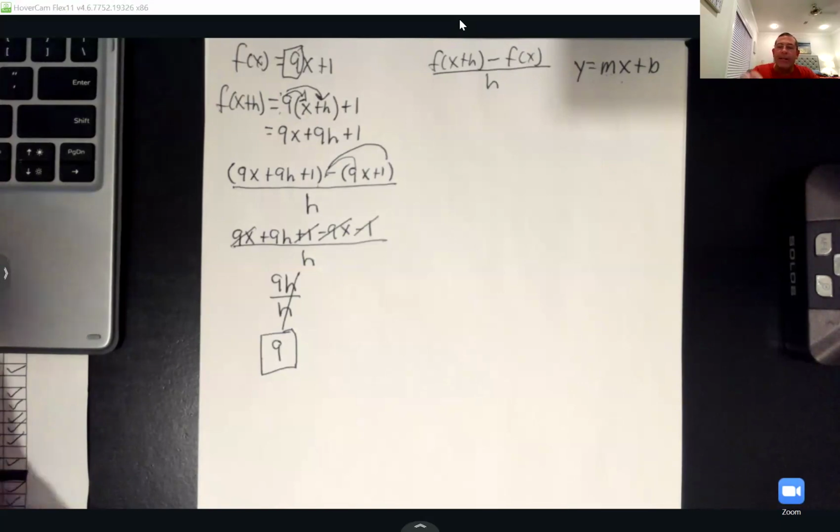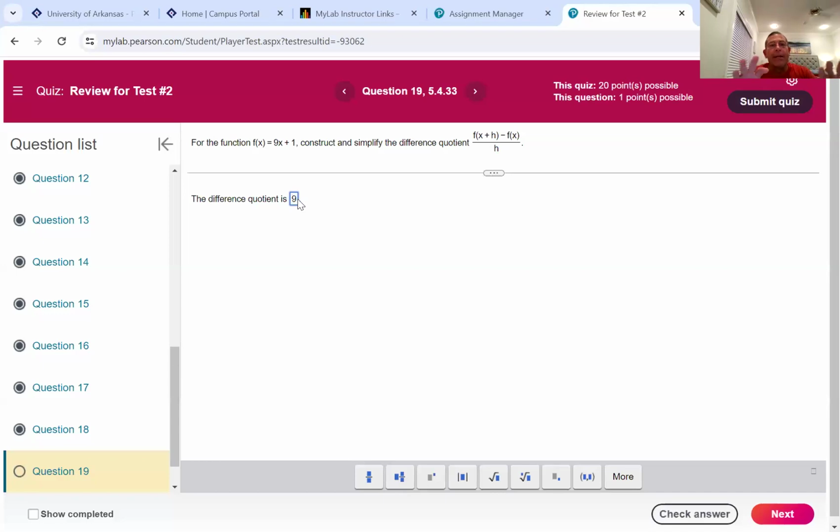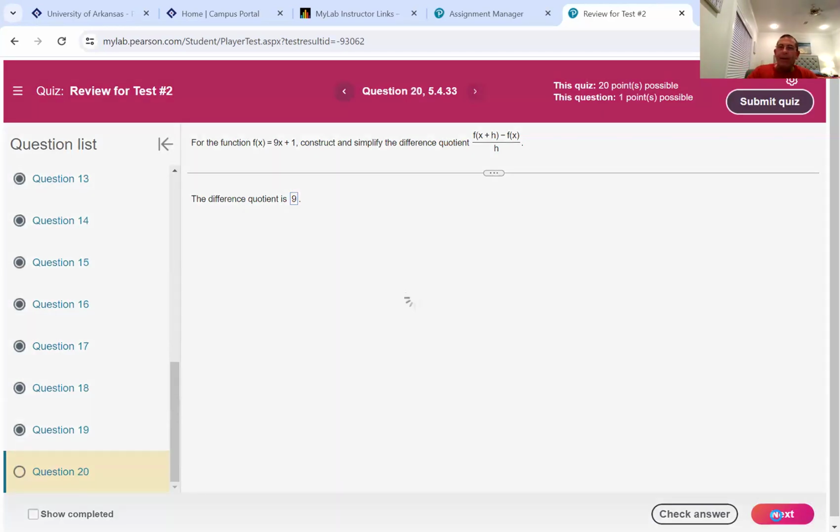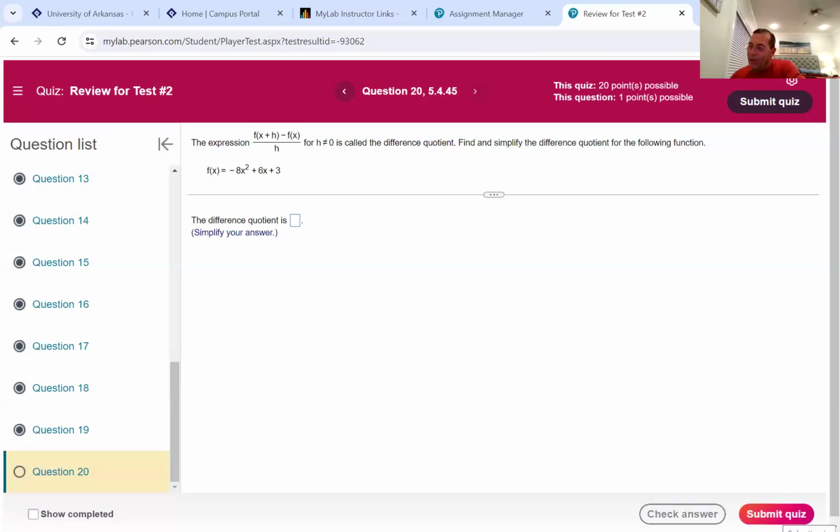All right, y'all, so this we said was a 9. Now, if it's a straight line, you can't have nothing else other than a number. You will not have any x's, and you will not have any h's in your answer. A single number for number 19. All right, y'all, but here's one. I hope y'all save some notes for this number 20.